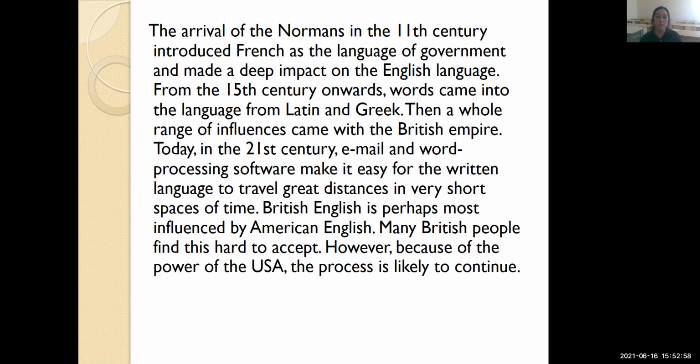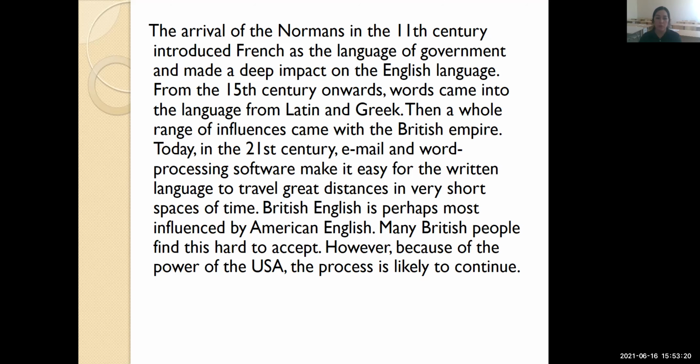The arrival of the Normans in the 11th century introduced French as a language of government and made a deep impact on the English language. From the 15th century onwards, words came into the language from Latin and Greek.